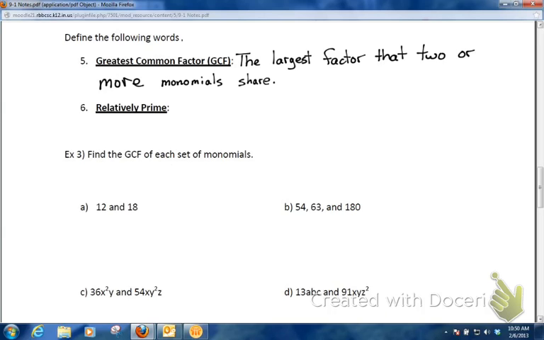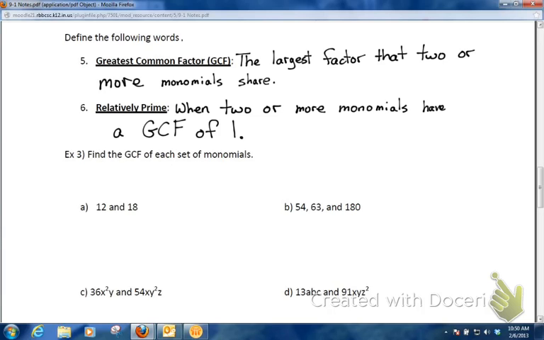This is something you should have learned way back in middle school, grade school even, what the greatest common factor of two numbers is, like 12 and 18. We're just throwing monomials in there too, because now we know that monomials can be numbers, or 2xy is a monomial also. So the largest factor that two or more of them share.